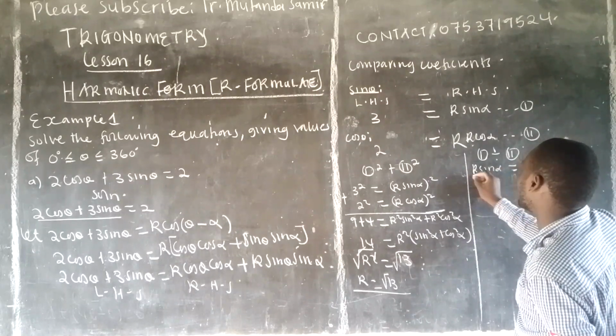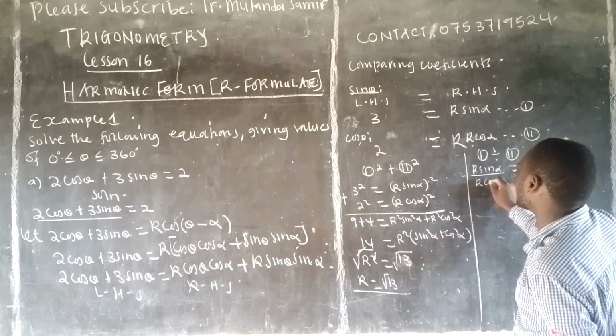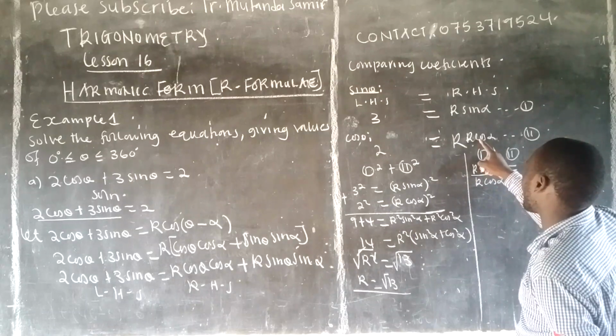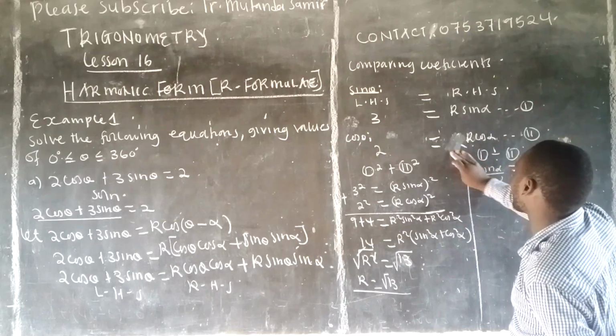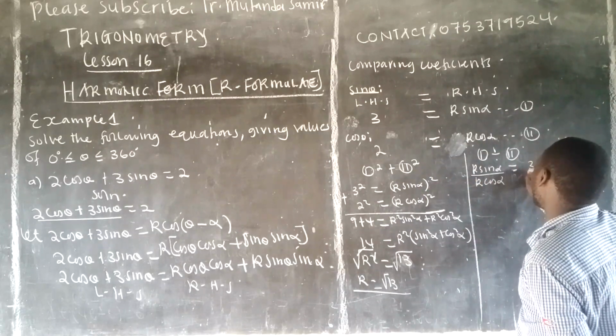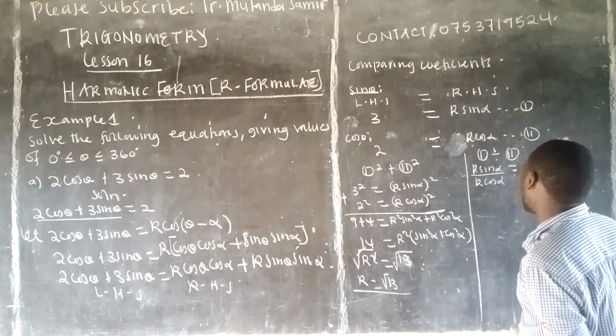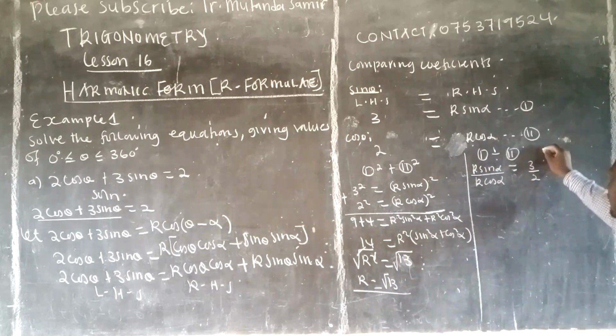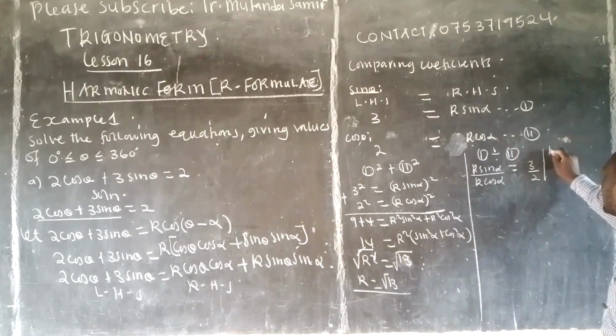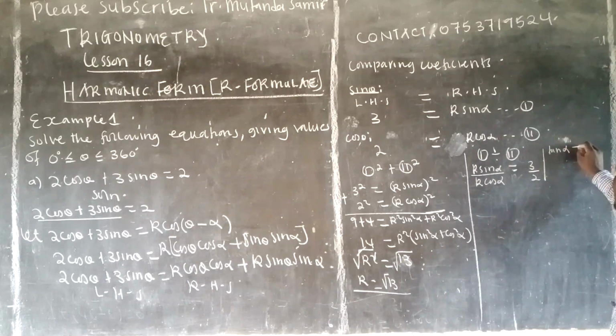Now we divide by equation 2, r cos alpha, which is equal to 2. When you cancel out, you remain with tan alpha is equal to 3 over 2. So alpha is equal to tan inverse of 3 over 2.